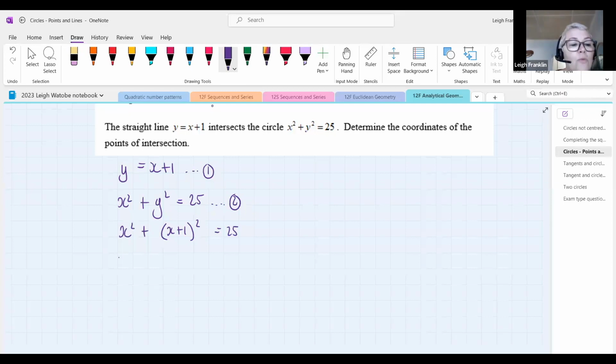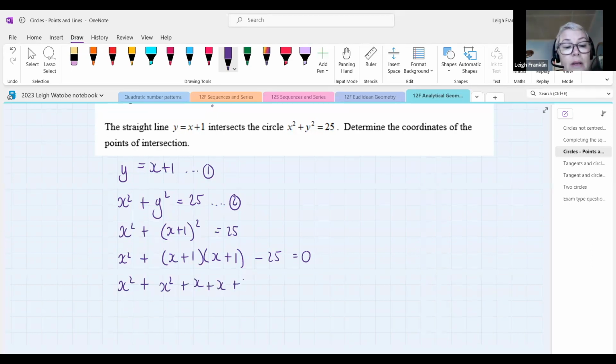So let's get on with that. Obviously, what we would need to do here is square our binomial. So I'm just going to expand my brackets. And I would also need to bring the 25 over to the other side because this is going to end up being quadratic. So everything needs to be on one side and equal to 0. So removing my brackets now, I would end up with x squared plus 1x plus another 1x plus 1 minus 25.